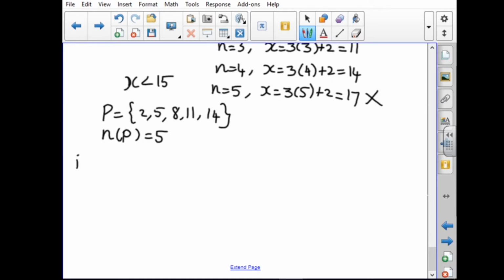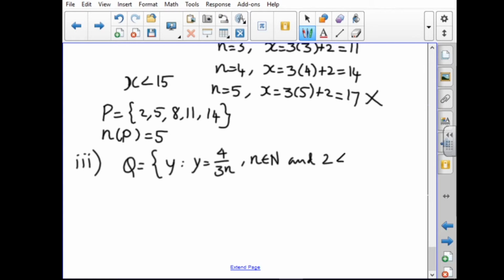Okay, then third one, Q is equal to y such that y is equal to 4 by 3n, n belongs to capital N and 2 less than n less than or equal to 5.